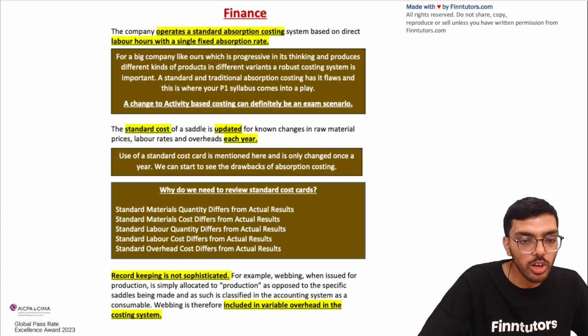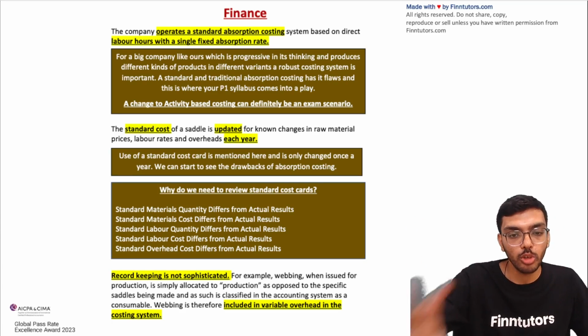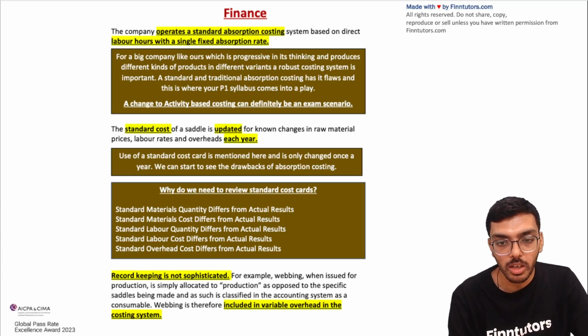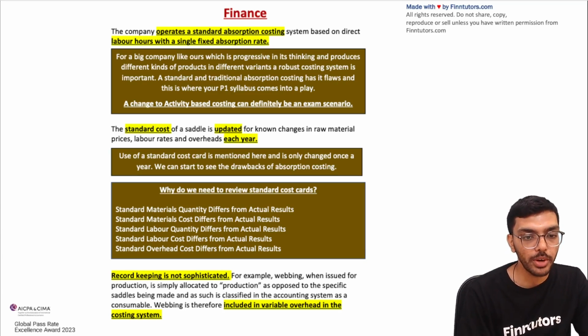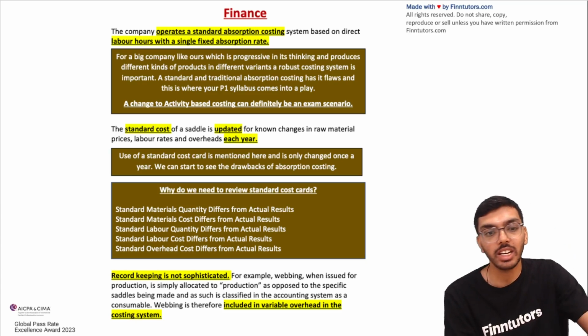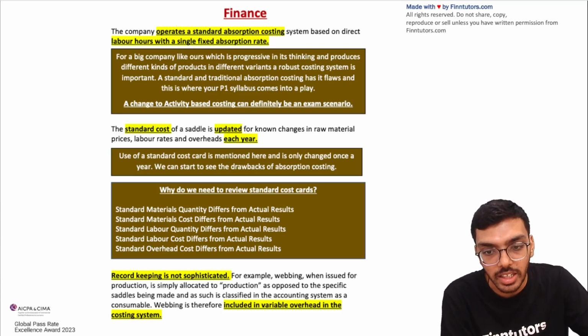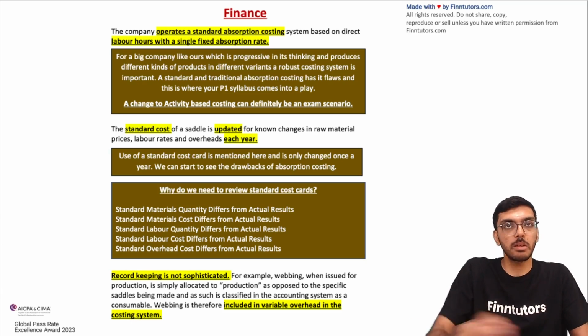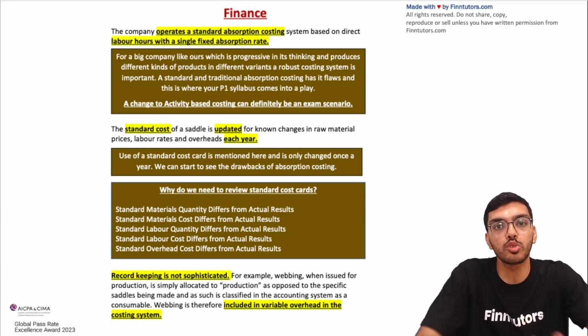In the business, record keeping is not sophisticated. They have told you clearly. For example, webbing, when issued for production, is simply allocated to production as opposed to the specific saddles being made. So it's not product centric, it's activity centric. Over here, it's simply webbing, everything under webbing goes over here.